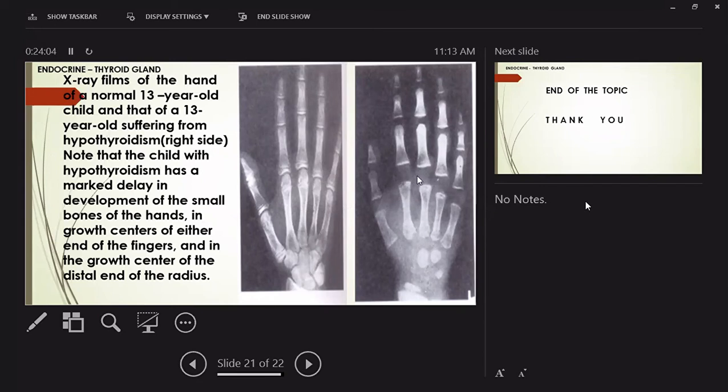Here in the growth centers of the fingers and in the growth center of the distal end of the radius. Whereas this is already well developed in a normal child.